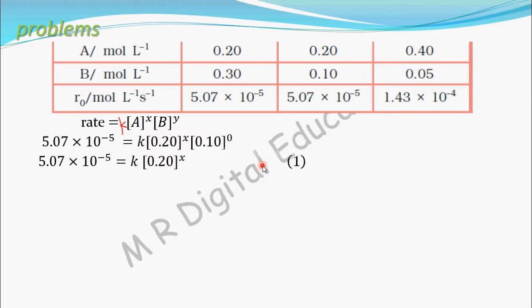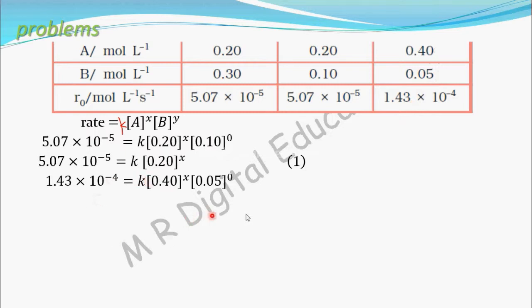Now there are two unknowns, k and x. So you can't solve by using only one equation. You need one more equation. So for that, take one more experiment. I have taken this experiment. Fill that rate is 1.43 into 10 to the power minus 4.